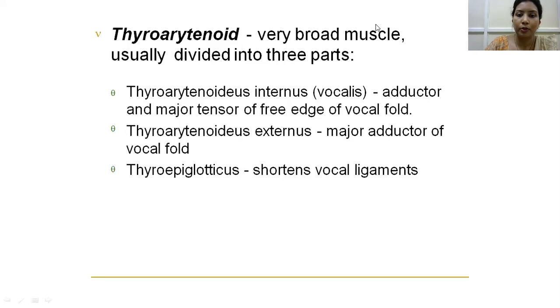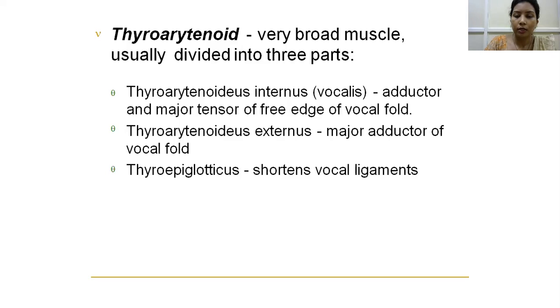The other tensor happens to be the vocalis, that is your thyroarytenoidus internus. This also causes tension on the free edge of the vocal cord, and there are again muscles which close the inlet of the larynx during deglutition. These will be your oblique arytenoid and your aryepiglotticus or your aryepiglottic folds. So these are the various muscles.